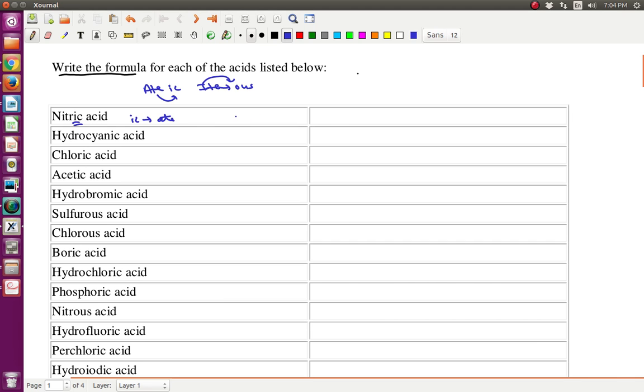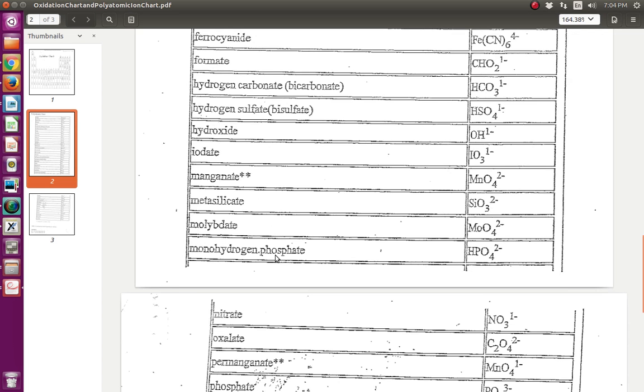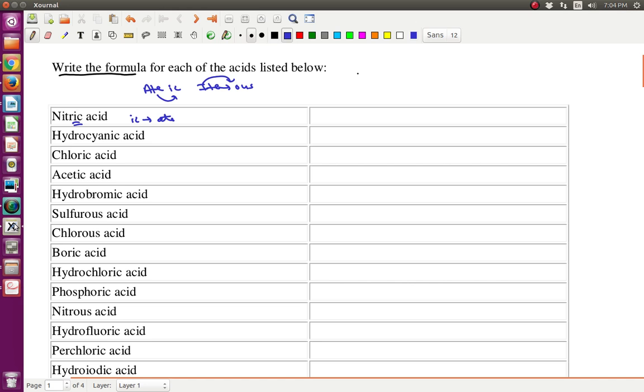For nitrate, I have to look at the polyatomic ion sheet, find nitrate, and there it is: NO3 with a -1 charge. So let's write NO3 with a -1 charge over here, with the -1 on top. Now, if I'm going to turn this into an acid, I have to put enough hydrogens at the beginning to cancel out that -1.